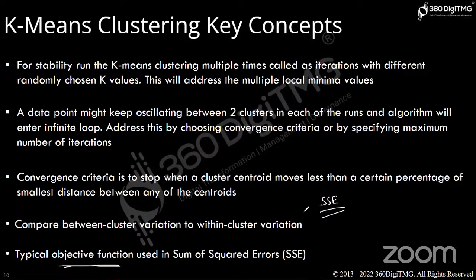So we are trying to minimize the sum of squared error, also known as variance. This is a minimization method, I already told you, and we are trying to minimize the within cluster variance.